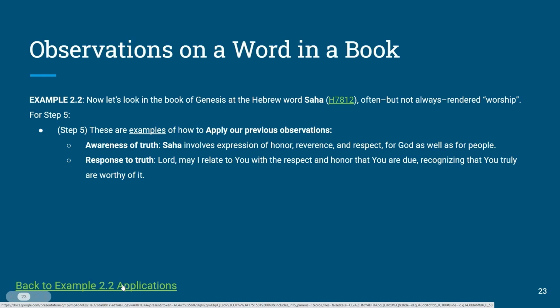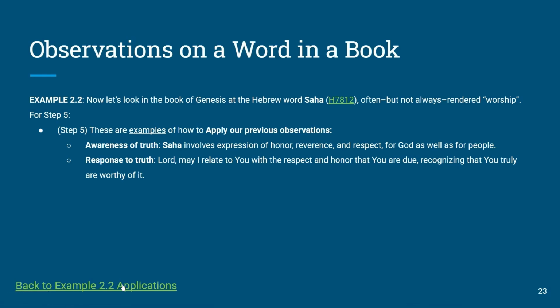I've made these applications rather short, but as far as how these observations further our awareness of truth, we could say something like this. Shachah, or this Hebrew word worship, involves expression of honor, reverence, and respect for God as well as for people. A response to truth might look something like this in the form of a prayer.